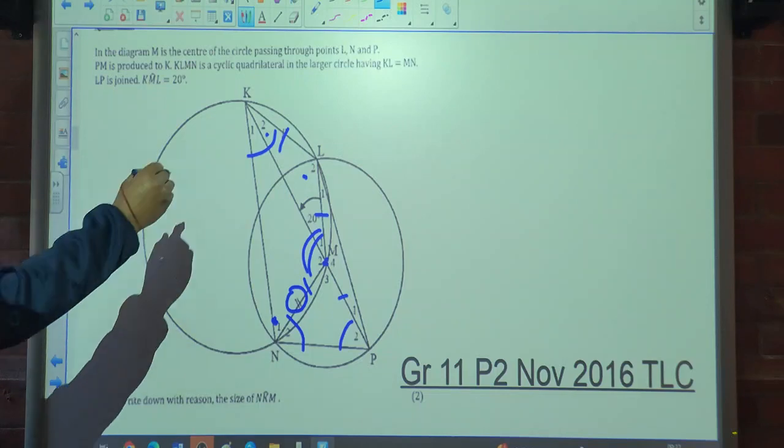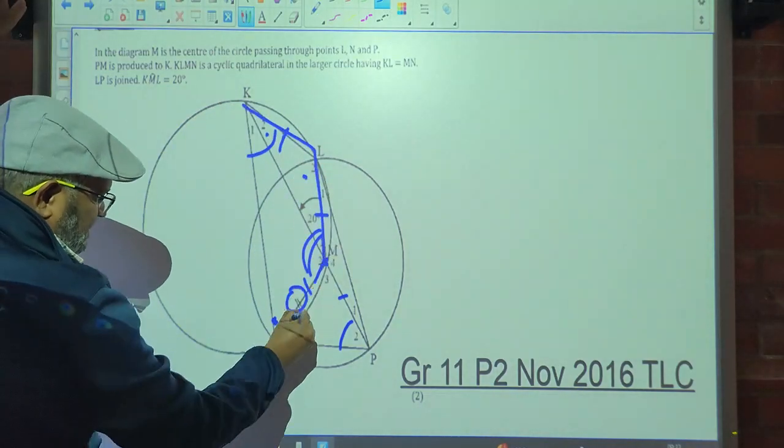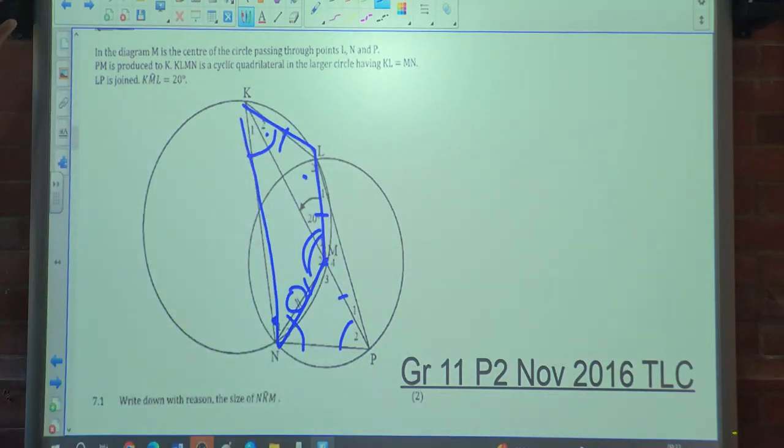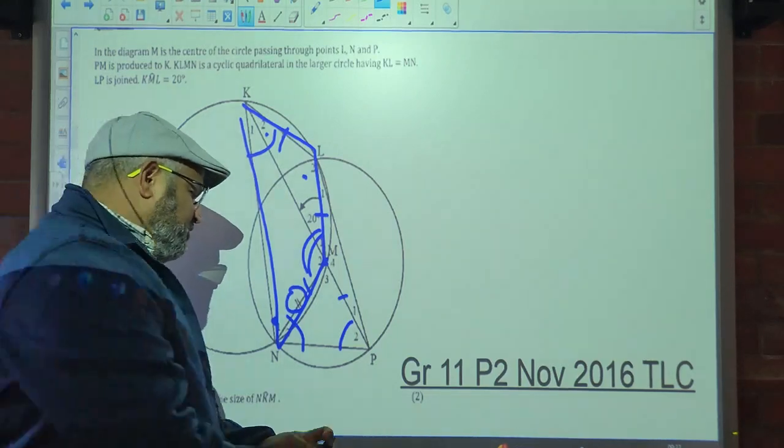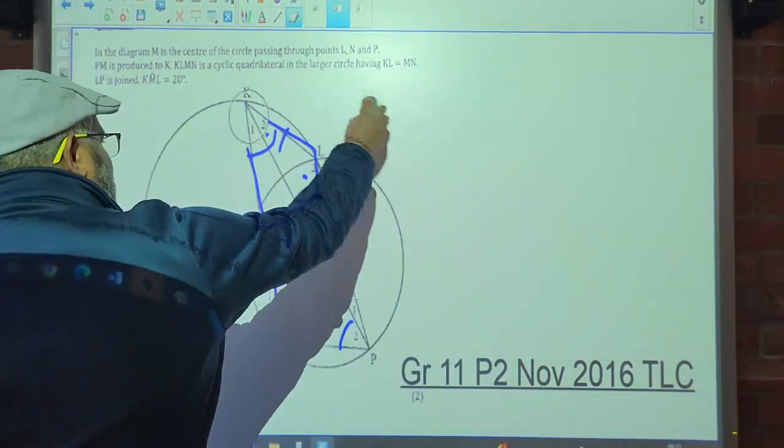That's the relationship, because that is now a cyclic quad. Then we are told the larger circle having KL equal to, so we already spoke about that. LP joined, KML is 20 degrees. So with all that in mind, let's just take this off here.